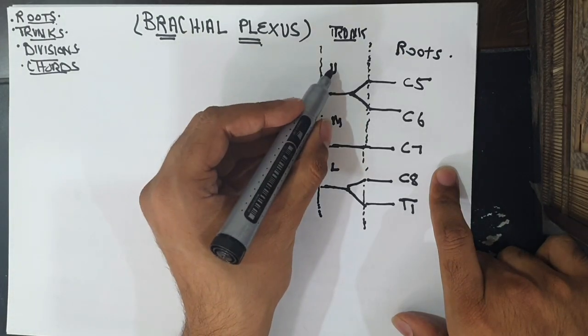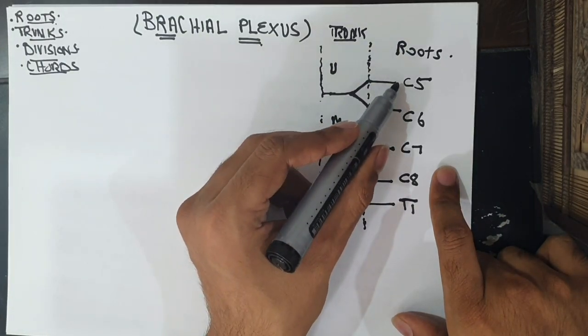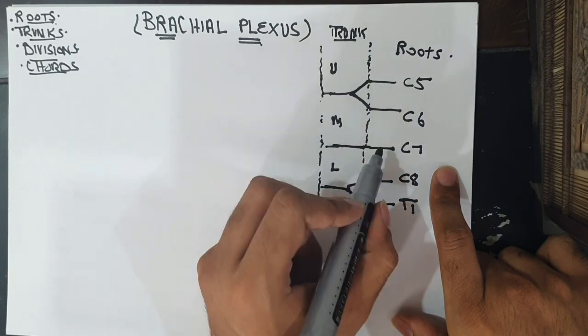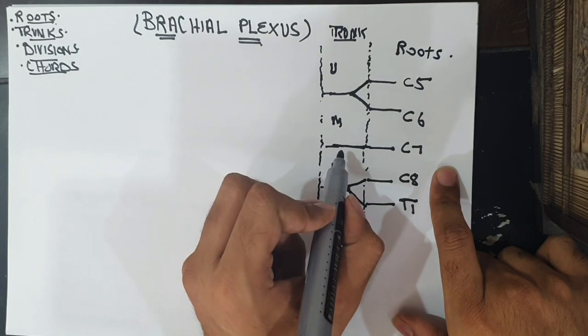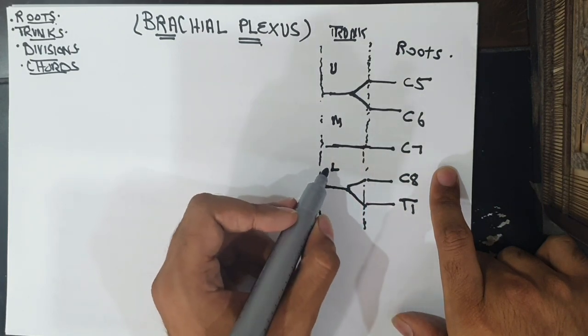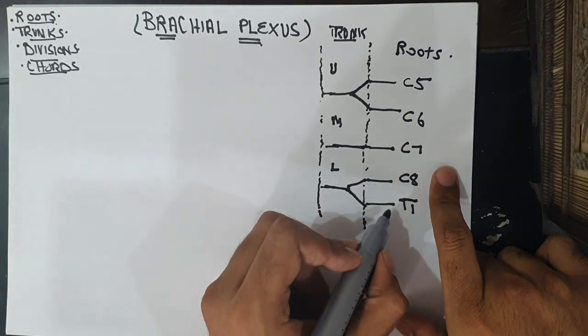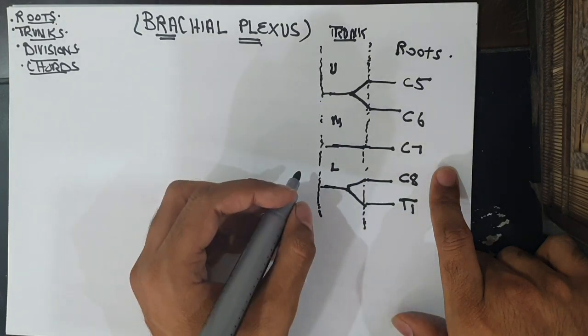The upper trunk is formed by the combination of C5 and C6, the middle trunk is formed as a continuation of C7, and the lower trunk is formed as a combination of C8 and T1 nerve roots.